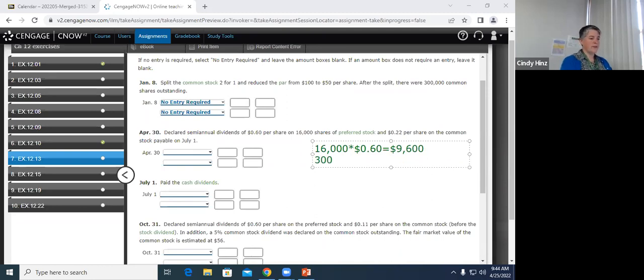We are told that after the split, we have 300,000 common shares outstanding, and each of those is going to receive 22 cents, for $66,000. So we just need to add those two pieces together to find out the total cash dividends.